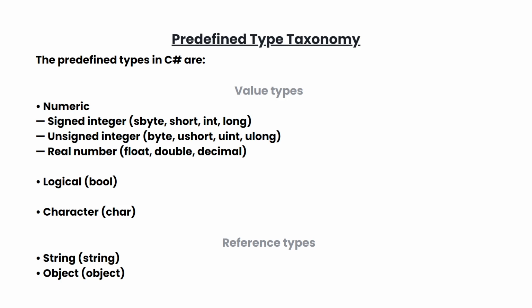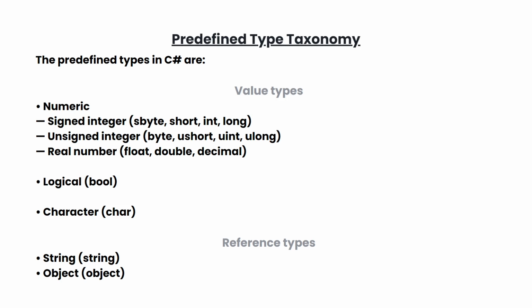In the numeric one, we will see the signed integer, which consists of short, int, long, sbyte, etc. In the unsigned integer, we can see byte, ushort, uint, ulong, and many more. In the real number, you can use float, double, decimal, and many more.